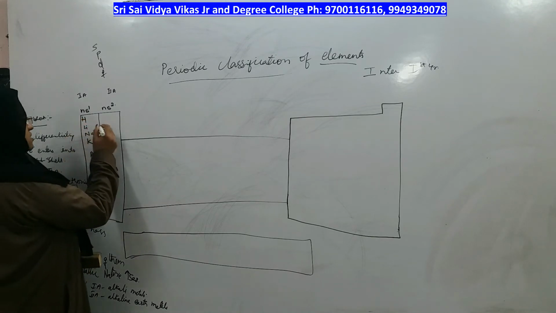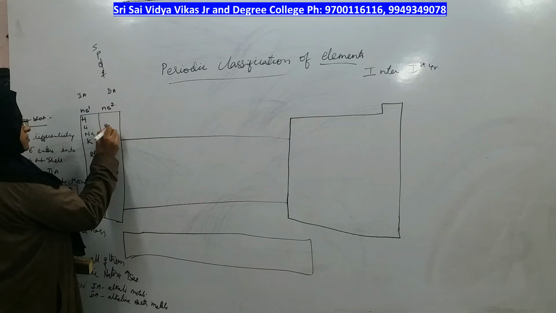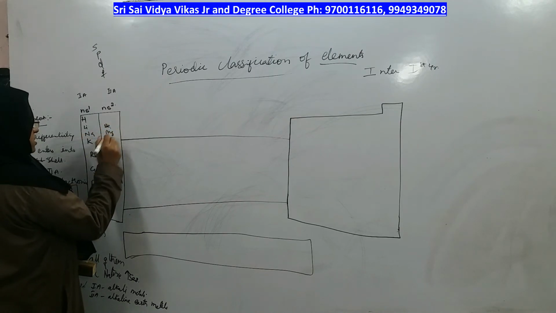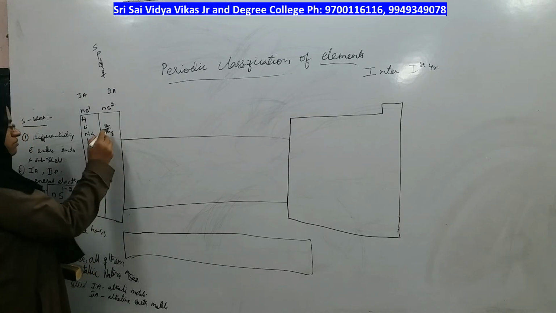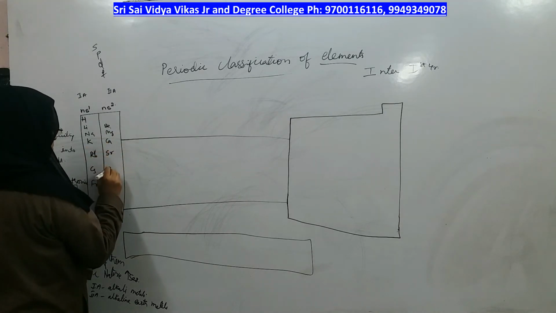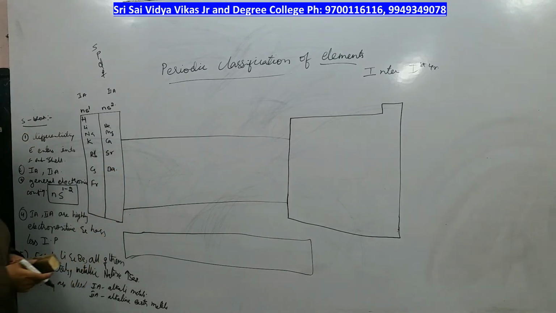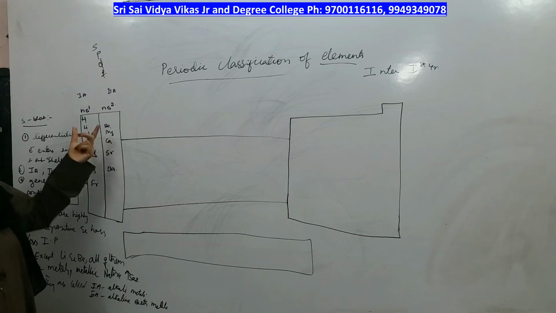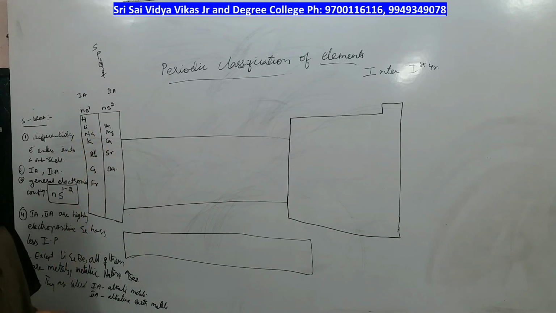What is the next point? Lithium, beryllium, sodium, magnesium, potassium, calcium, strontium and barium. Right, these are the elements of first A and second A groups, so they come under S block.